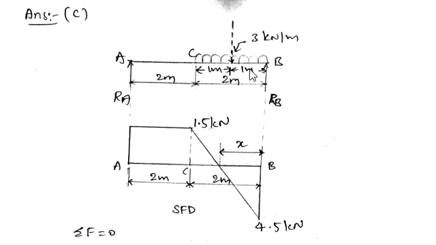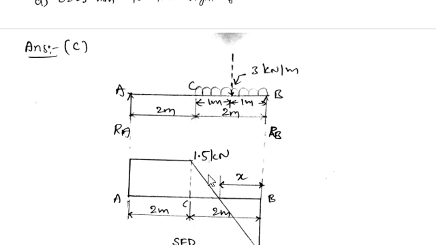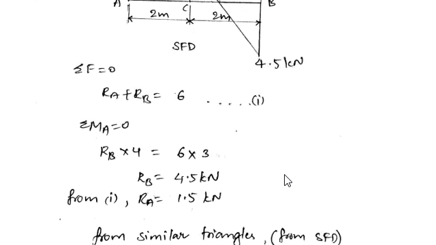For 1.5 length, the UDL value will become 3 into 1.5, and it should be placed at the center of that length, because we are finding it only for the 1.5 distance, so at 1.5 by 2 distance.